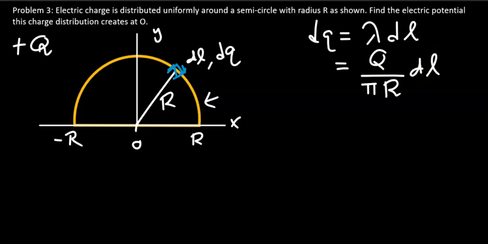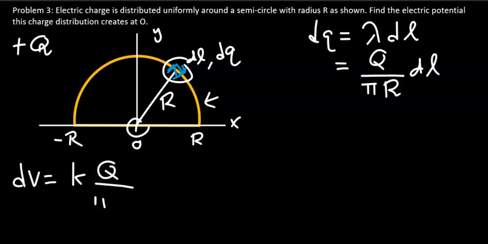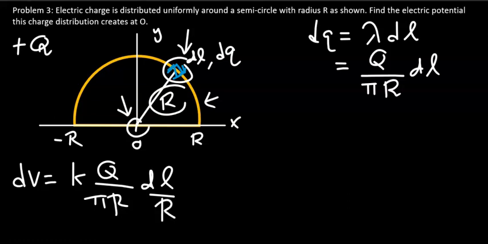So the potential that this amount of charge creates here will follow the point charge expression. So k dq, and dq is q over pi r dl, over the distance between that charge element and the point of observation, which is capital R, namely the radius of that semicircular ring.